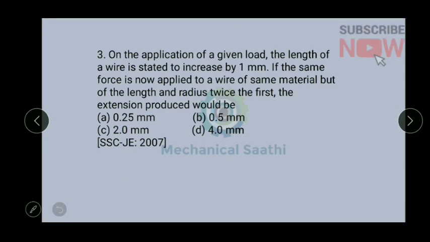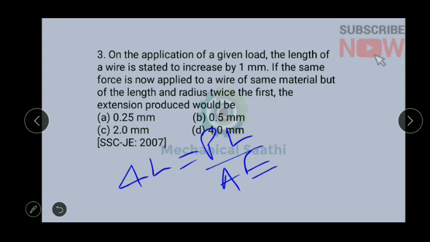So we know that del L, that is the change in length, is equal to PL by AE, where P is the load which is being applied, L is the original length, A is the cross sectional area, and E is the Young's modulus of elasticity. Here, previously the length was L and the elongation was 1 mm.